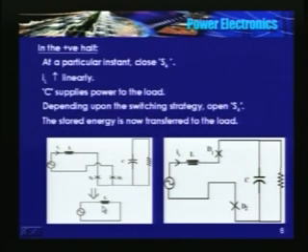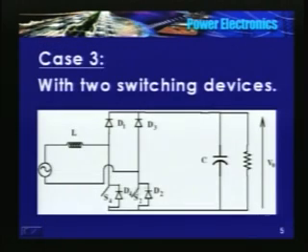After some time, depending upon the control strategy, whether it is a fixed duty cycle, current control or any other control strategy, what will happen when I open S4? The inductor current was flowing in this direction.